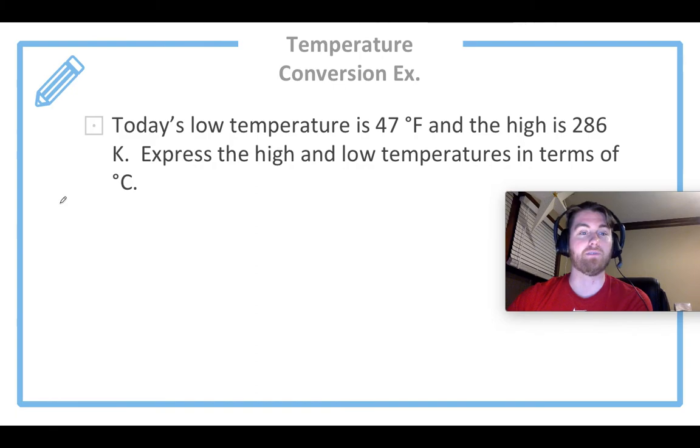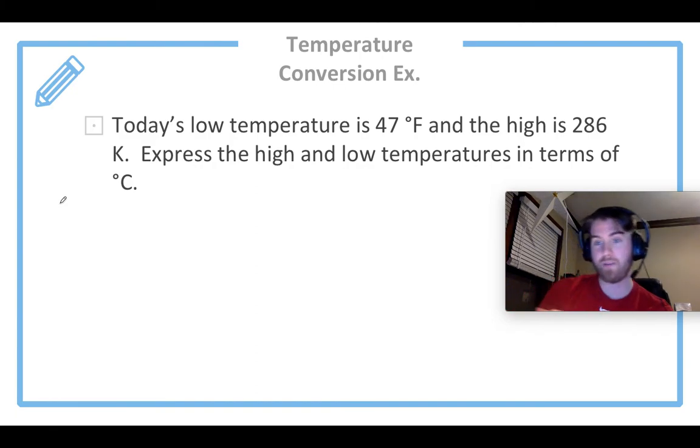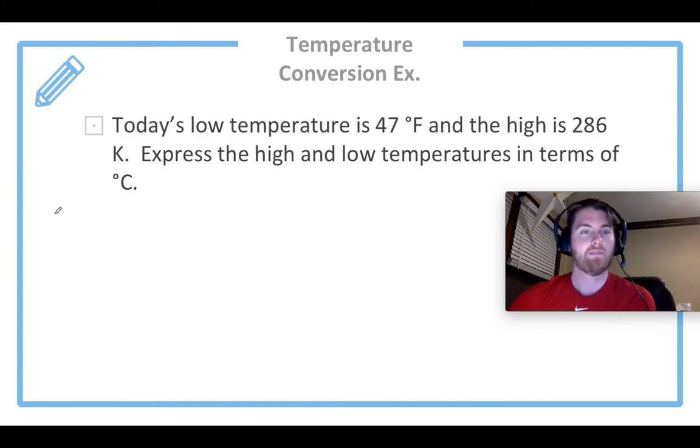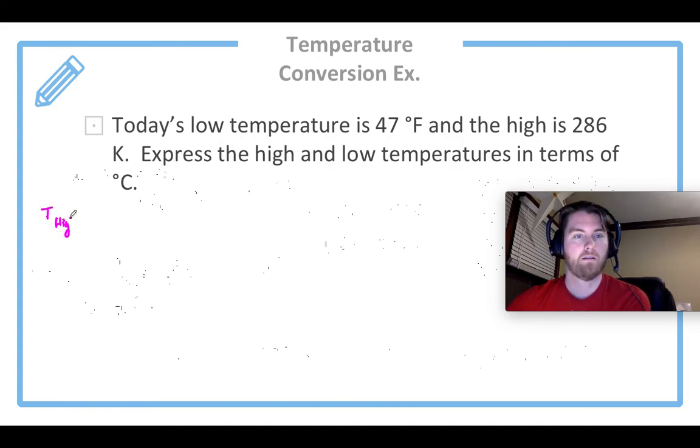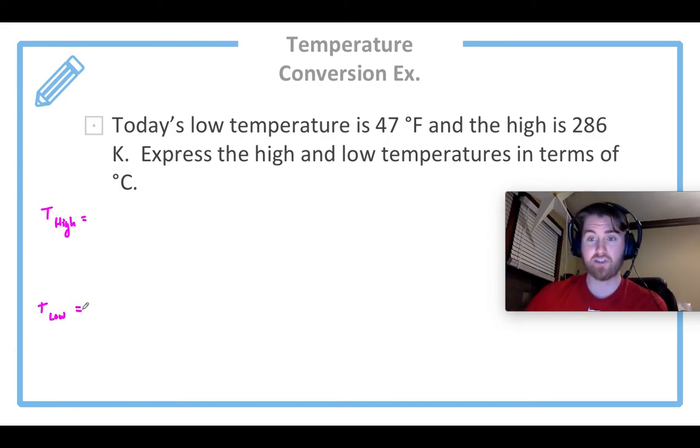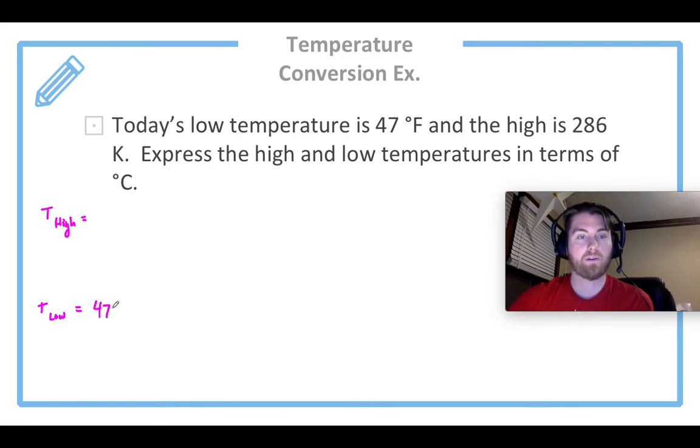What I like to do with these types of problems is write temperature high equals, and temperature low equals. The low temperature is 47 degrees Fahrenheit, and my temperature high is 286 Kelvin.